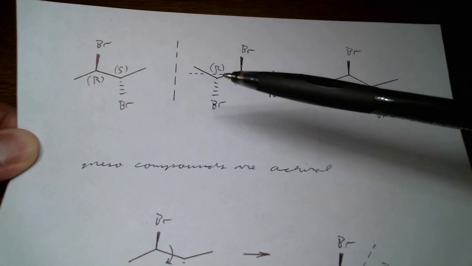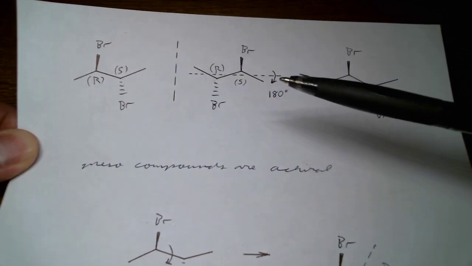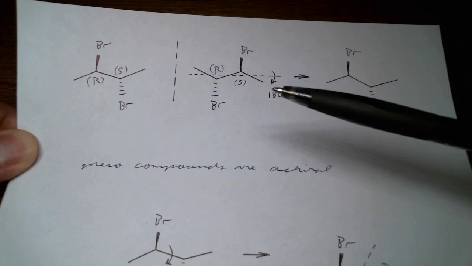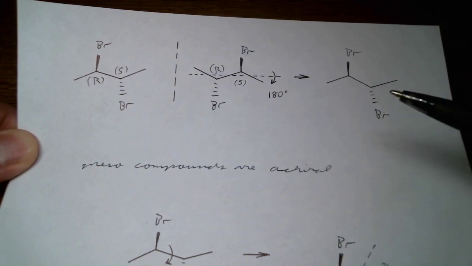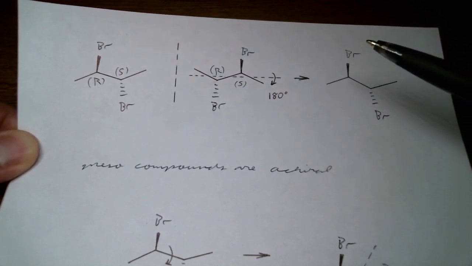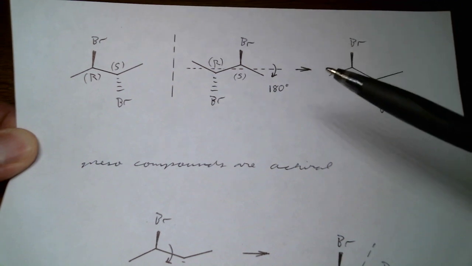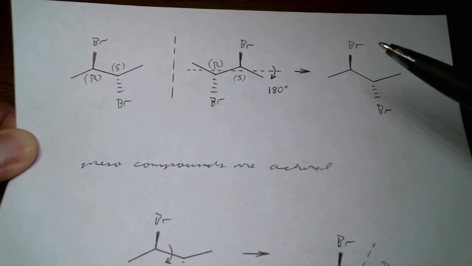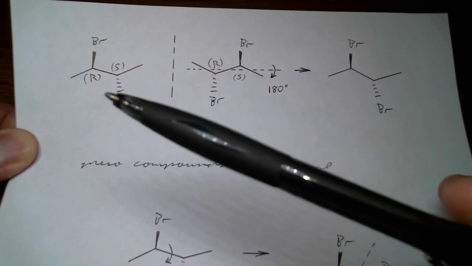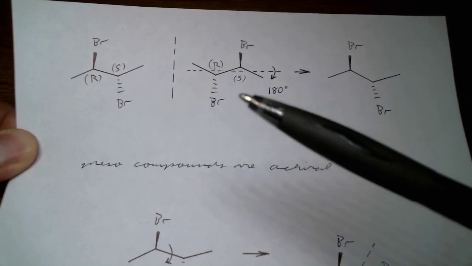However, if you do draw a horizontal axis and rotate around that 180 degrees for this molecule, you get this one. You haven't broken any bonds or changed that molecule, but you can see how this molecule is identical with this one, which means it's superimposable.